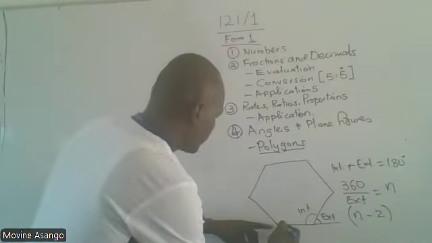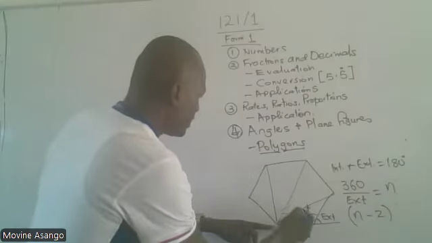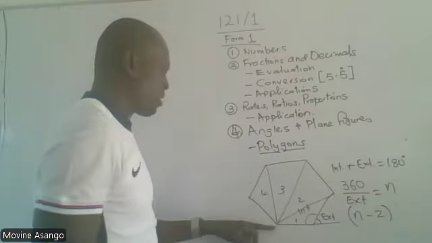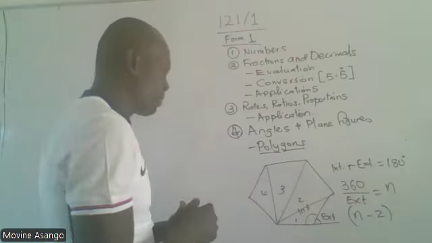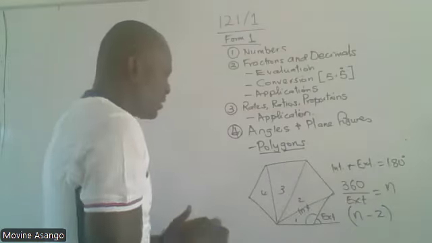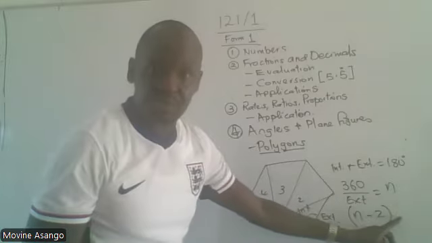That is 1, 2, 3, 4 triangles. But the sides are 6. So you can see 6 sides minus 2 will give you 4 triangles.